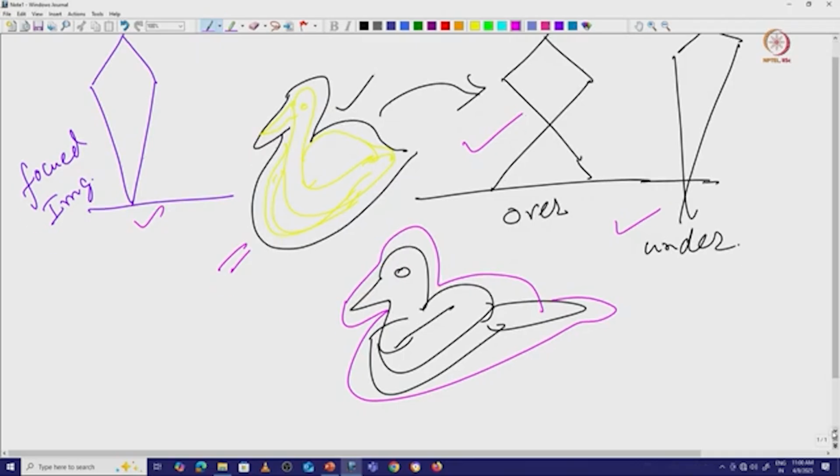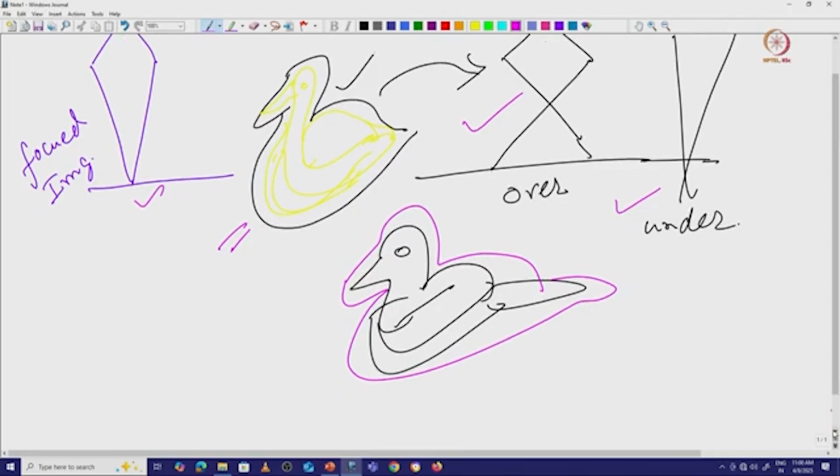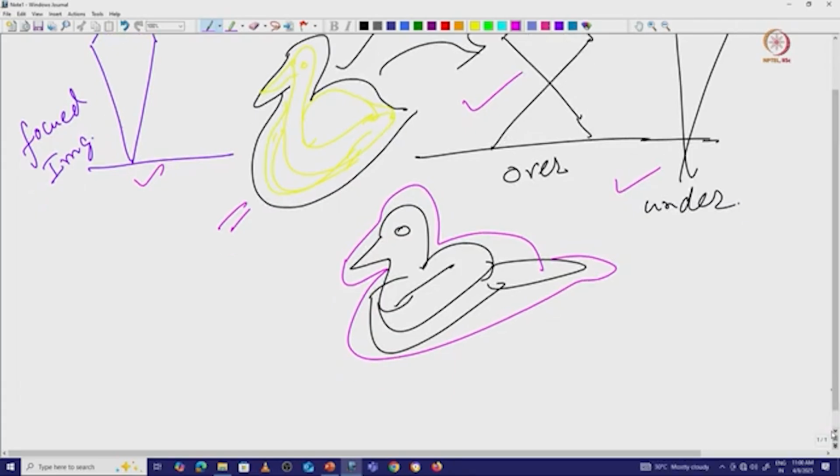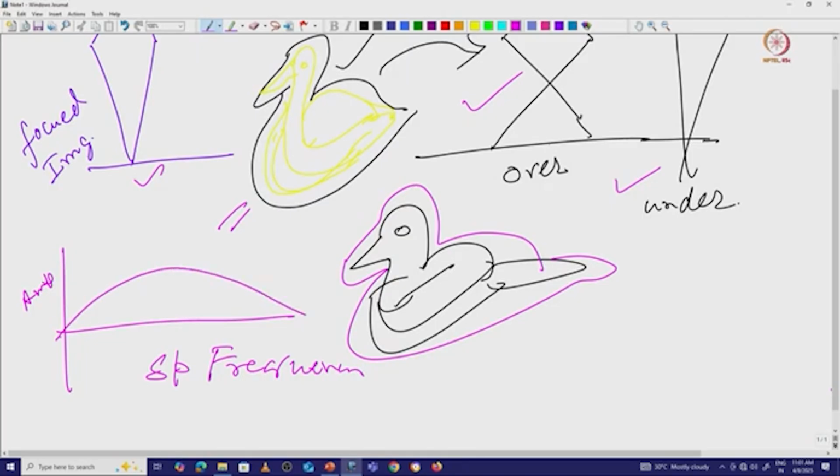Now take a look at the signal. When we are transferring the signal, what kind of changes happen to the signal? When there is a focused image, if you put the spatial frequency here and this is the amplitude, you can see there is an electron beam. When it is underfocused, the electron beam goes like that.